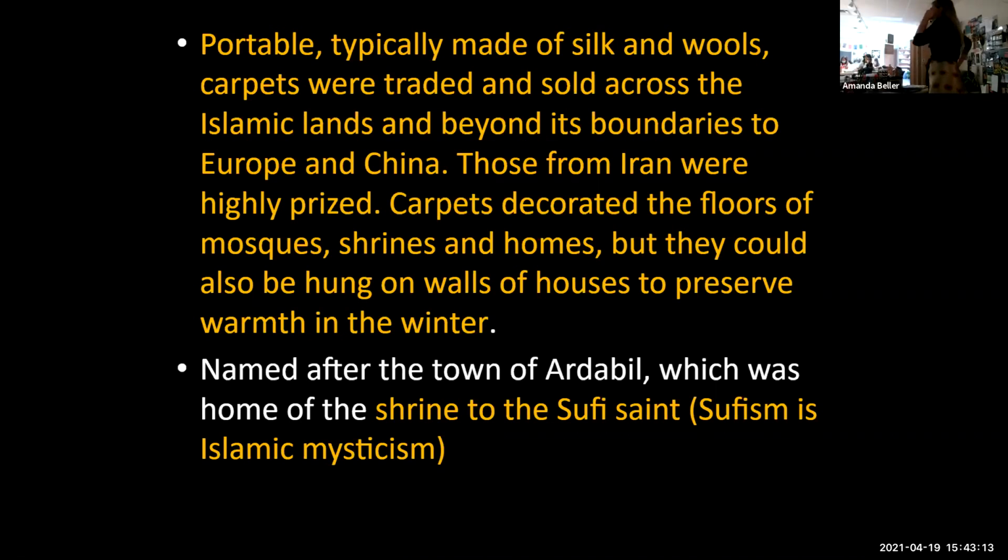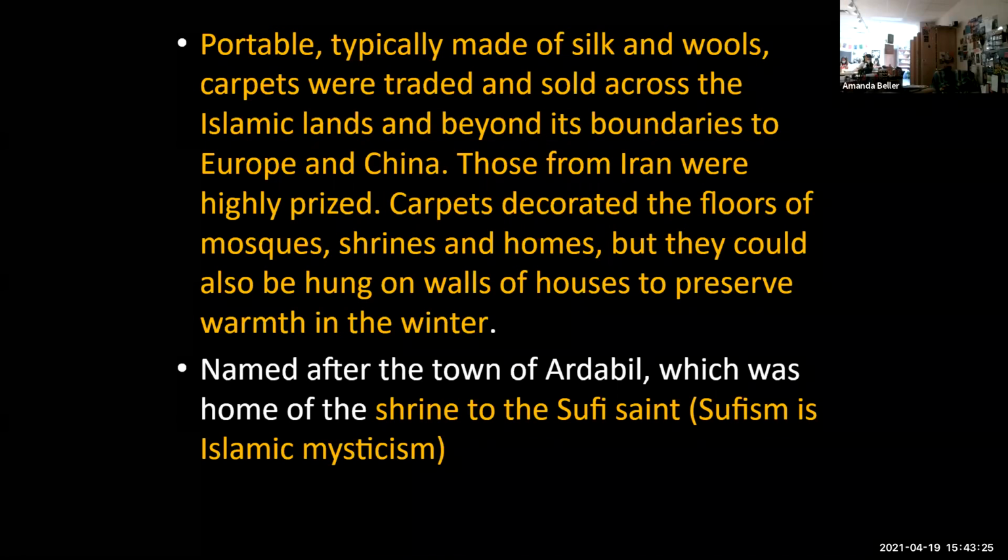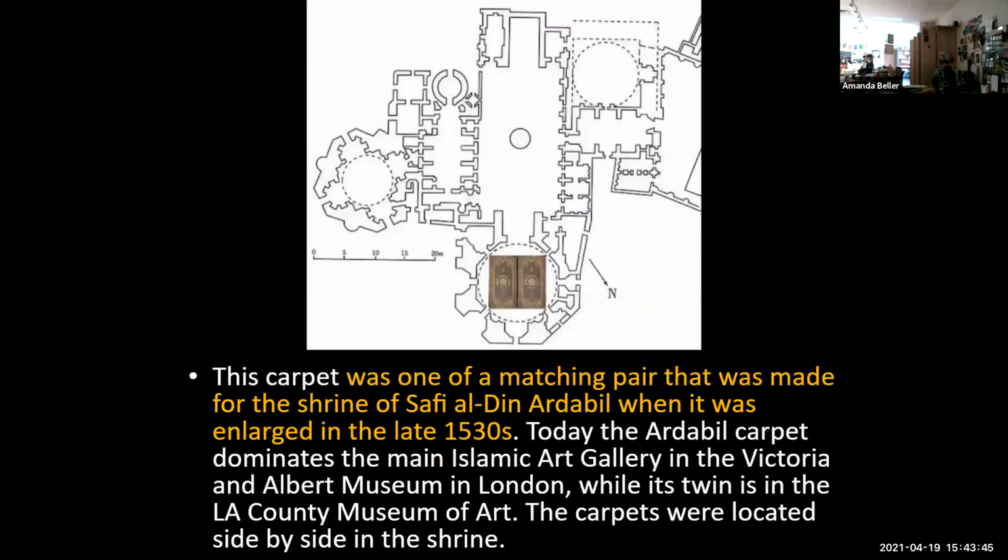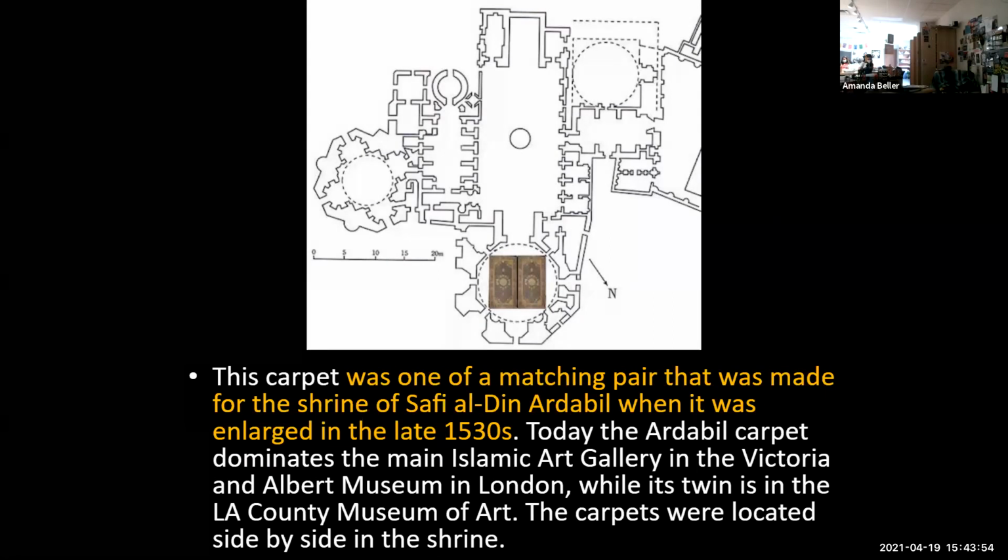So Sufism is, you'll know how Christianity has a lot of different flavors? Well, Islam has a lot of different flavors. And Sufism is the mystic side of Islam. All right, so if we think about the layout of the shrine, there were two identical rugs.